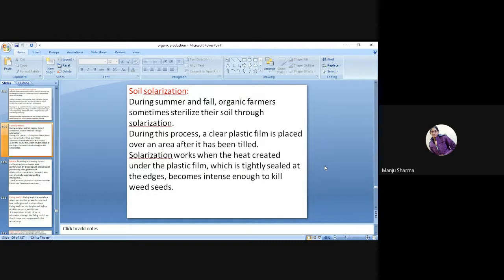During this process, a clear plastic film is placed over an area after it has been tilled. Solarization works when the heat created under the plastic film, which is highest at the edges, becomes intense enough to kill the weed seeds.